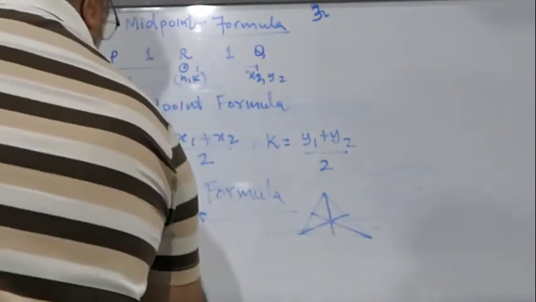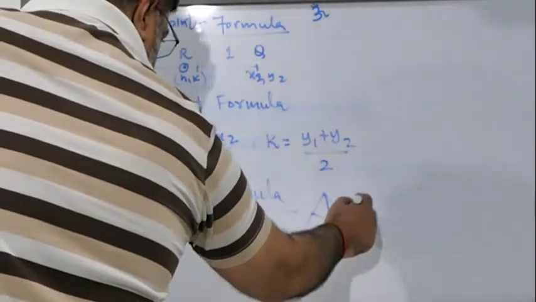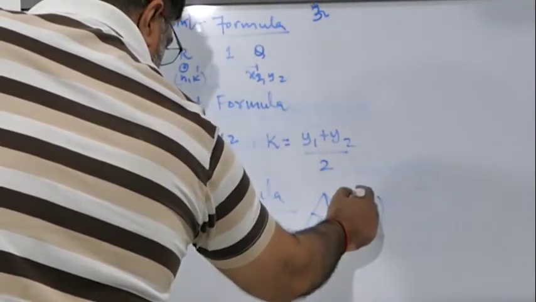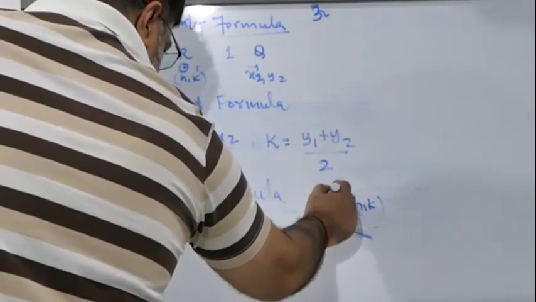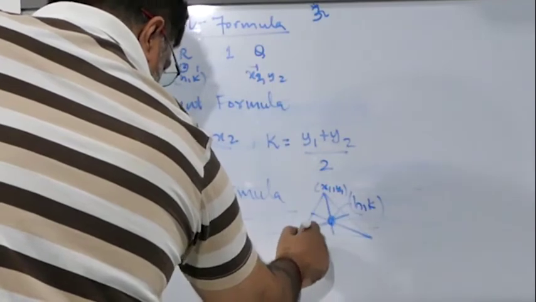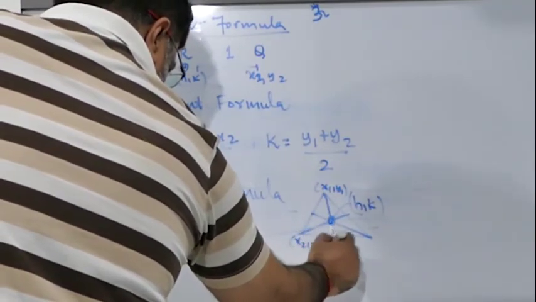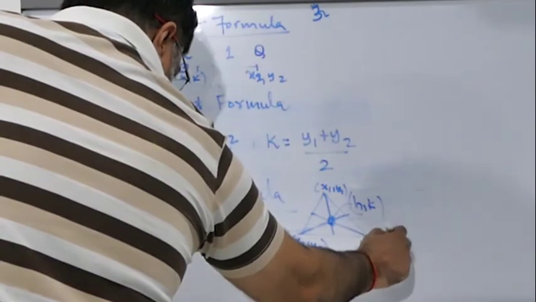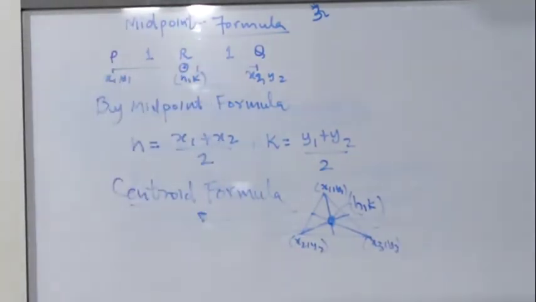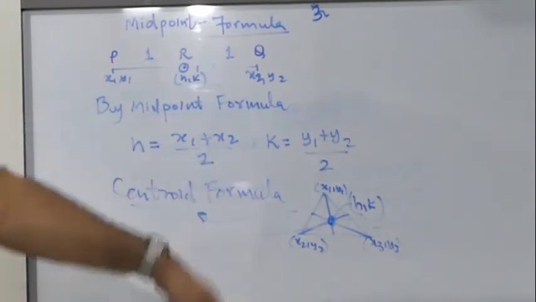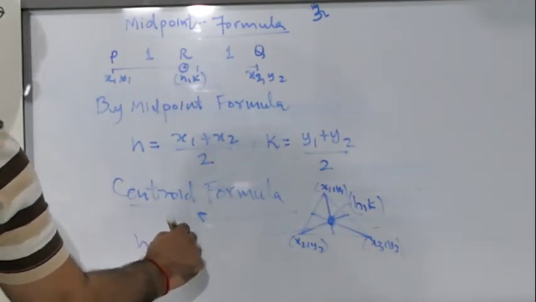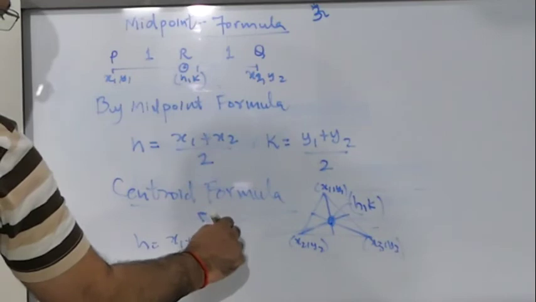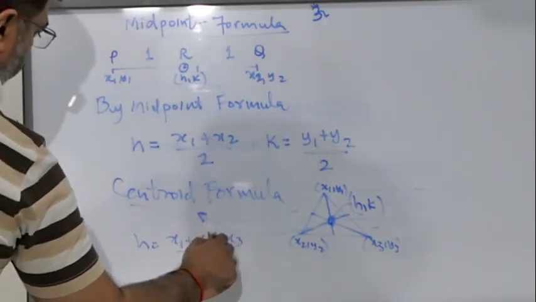So what is the centroid formula? Supposing this point here, the centroid, is h comma k. This is going to be, let's say, x1, y1. This is going to be x2, y2. This is going to be x3, y3. You have 3 points, and the centroid is h comma k. Then the formula says h is going to be x1 plus x2 plus x3 upon 3.